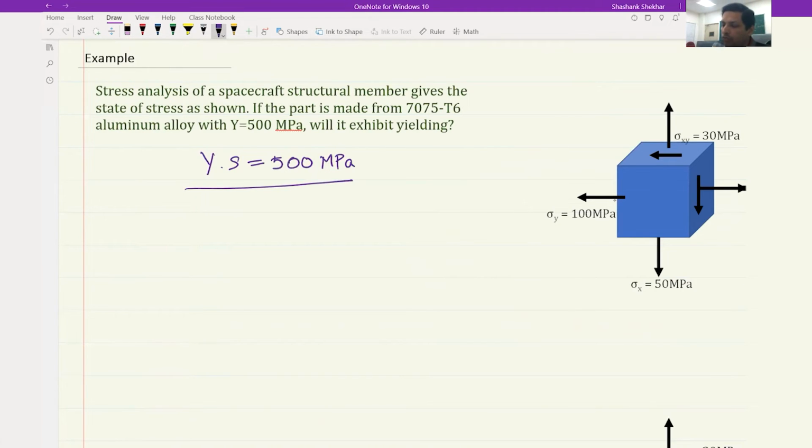Now you are given the stress state for that component and assume that it is the same everywhere like this. So you have 100 MPa acting here in the x-axis and 50 MPa acting as normal stress along the y-axis, and there is also a shear stress of 30 MPa. So 30 MPa here and therefore 30 MPa over here. Therefore, this is a plane stress condition.